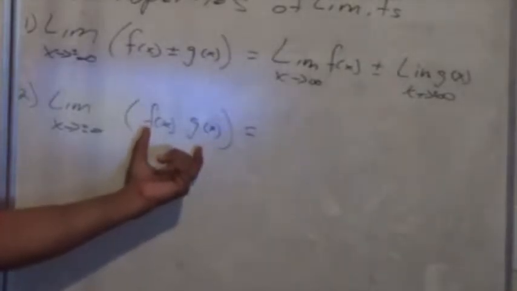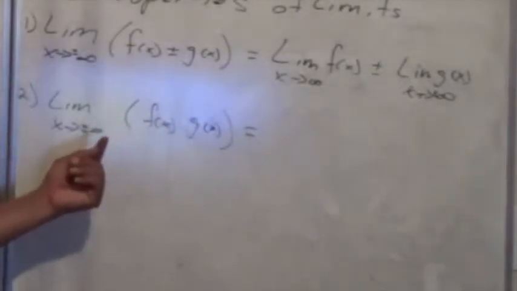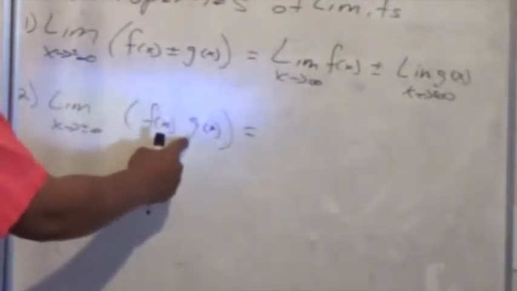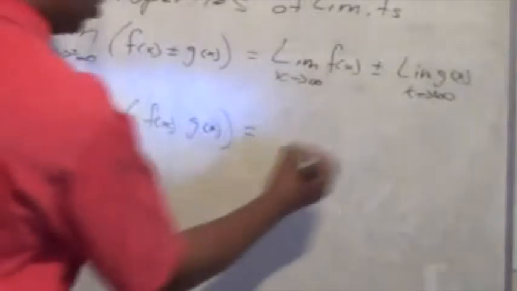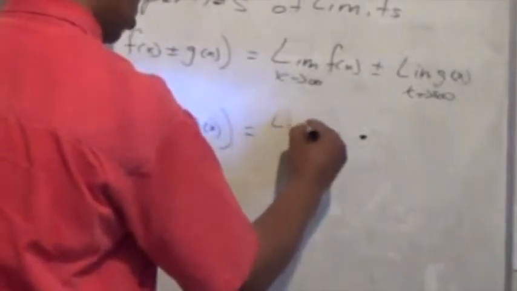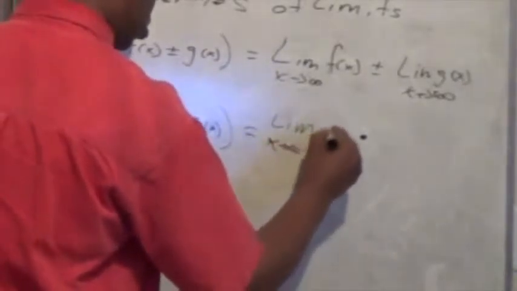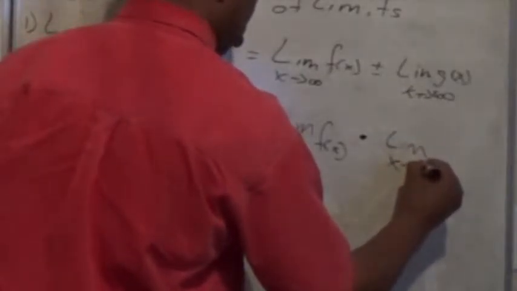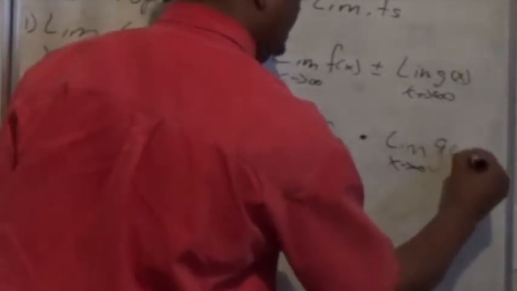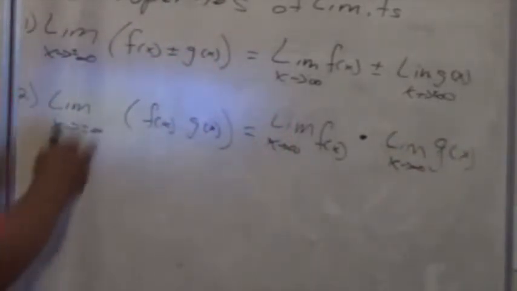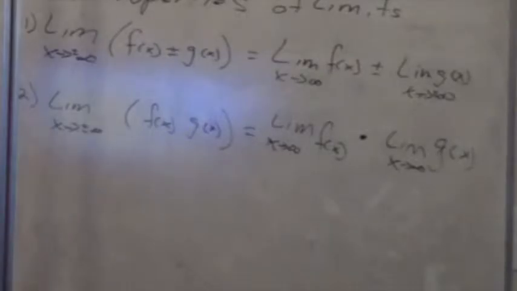This one takes the limit of a product and says that this will equal the product of the limits. So the limit of the products will be equal to the product of the limits. Again, giving you the idea that you can break these up in many different ways, as long as you can turn it into sums or products.